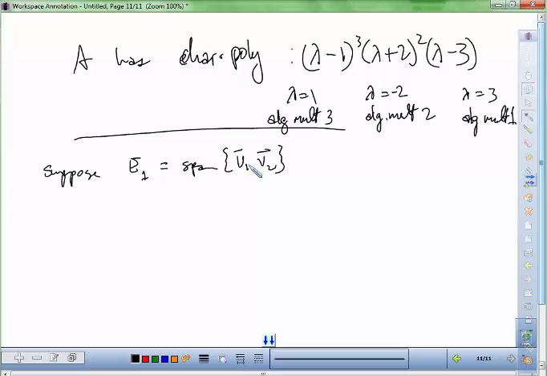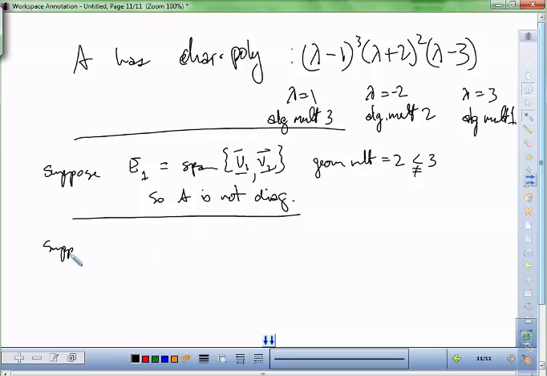It's not diagonalizable. If it only has two vectors, then the geometric multiplicity is equal to 2, which is less than 3, but more importantly, it's not equal to 3. So in this case, A is not diagonalizable. Okay?